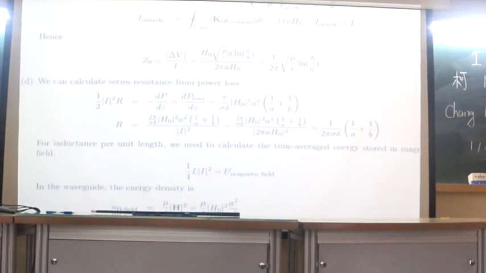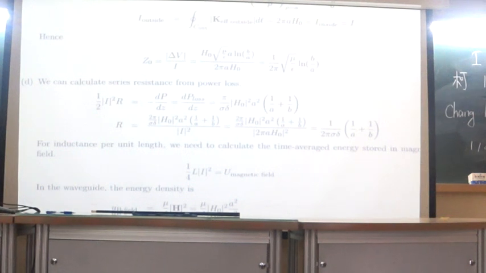So the total power loss is equal to 1 over 2 times I squared times R, just like the power of a circuit in general physics.